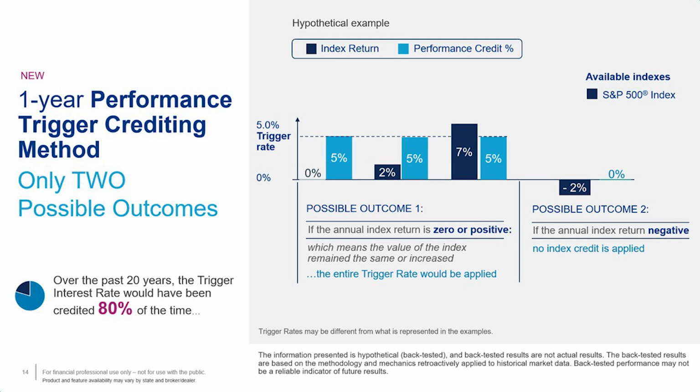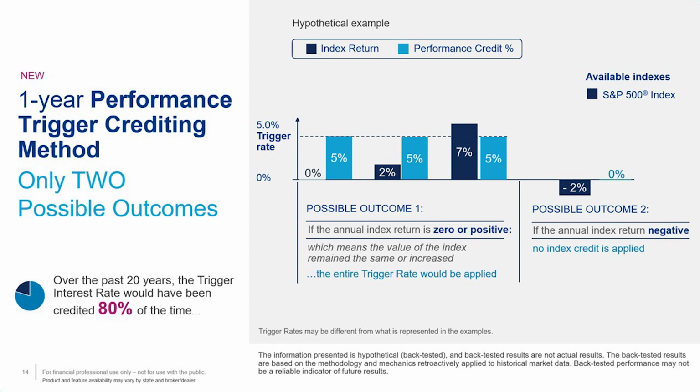And the other one is the trigger. This trigger right now is 5%, S&P 500 point to point. And what the trigger does is like this. When you receive anything above 0, including 0, you get 5%.